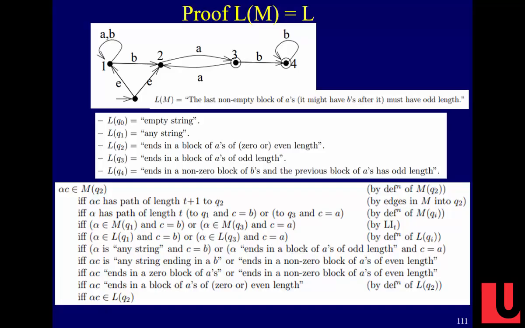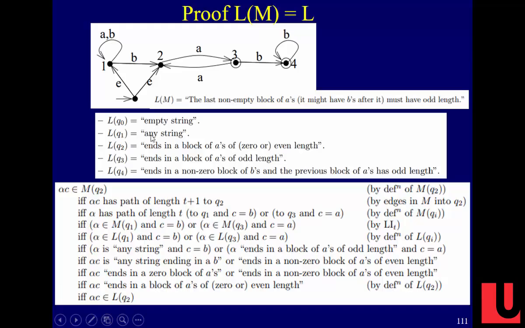For the base case, if we just worry about the empty string, where can you get with the empty string? You can get here, here, or here. Everybody see that? Which of these have the empty string?